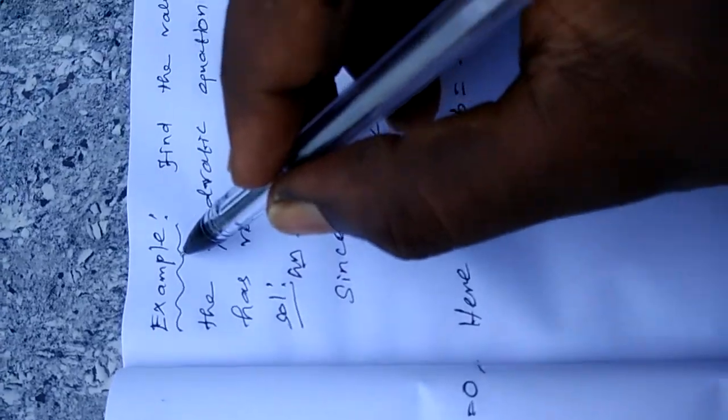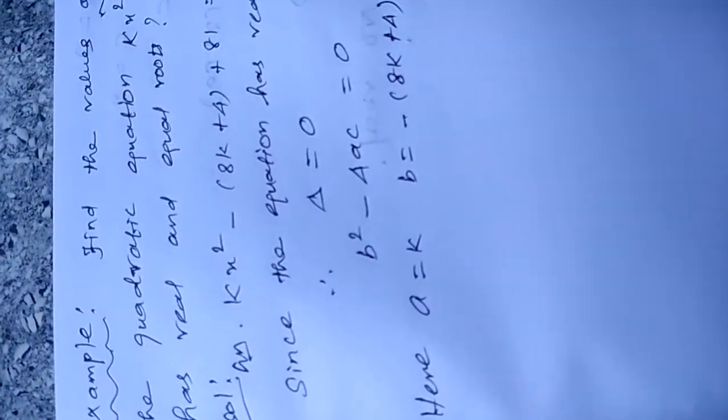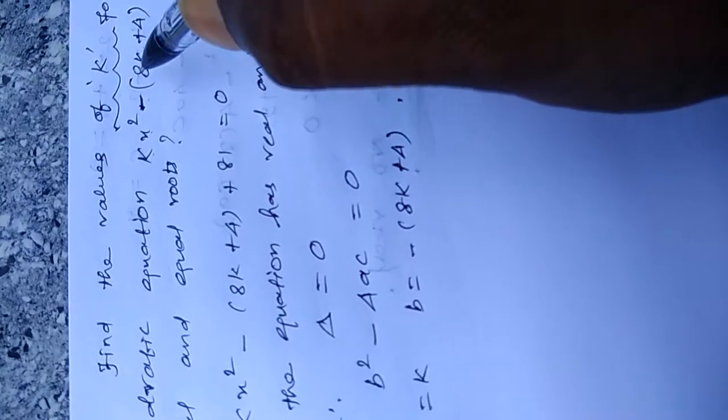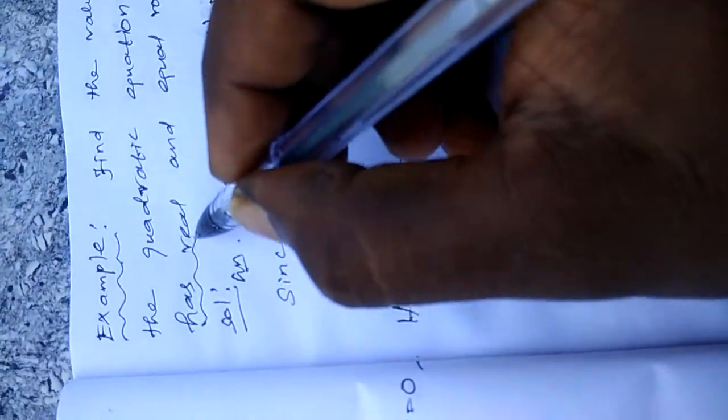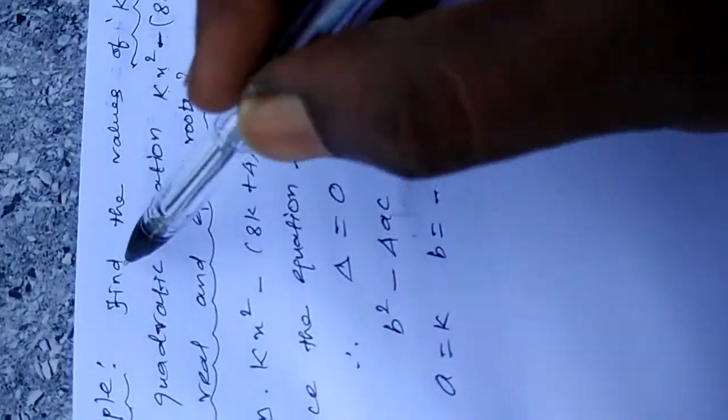The next example: find the values of k for which the quadratic equation kx squared minus (8k plus 4)x plus 81 equal to 0 has real and equal roots. Once again, find the values of k.